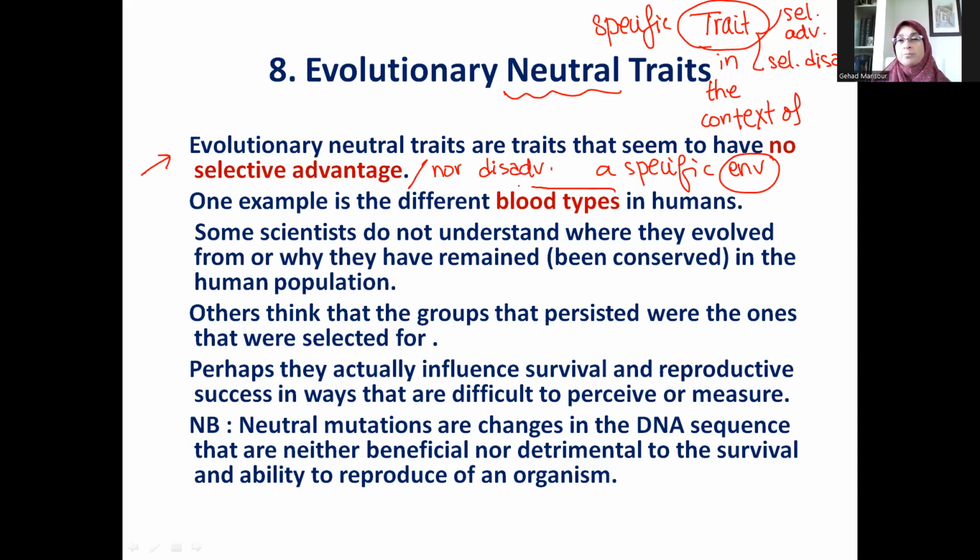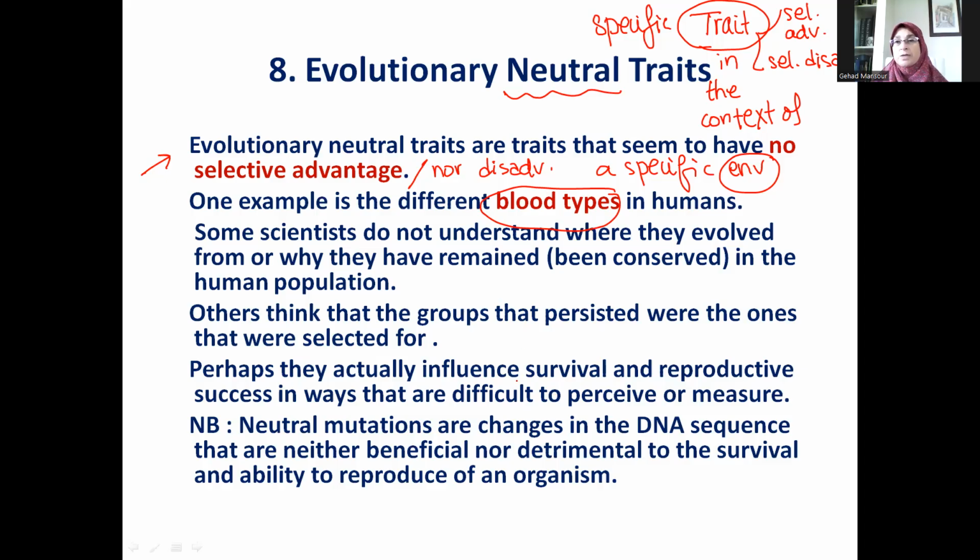And they gave the example of the blood types in humans. They say that having a certain blood type like O or A or AB cannot give you a certain advantage, meaning that the scientists have not found contexts or situations where a certain blood group may represent a selective advantage or a disadvantage.